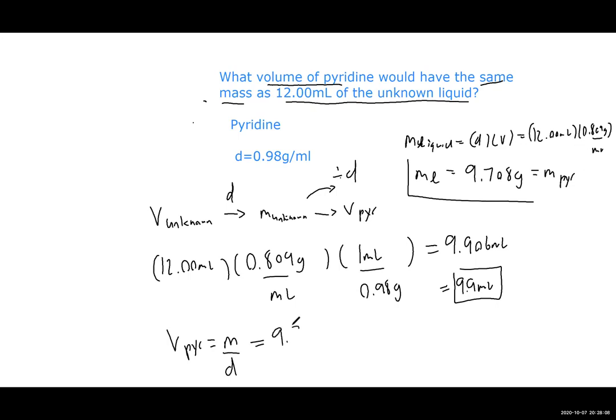So we plug in the mass of our liquid and we divide by the density of pyridine, and that gives us the volume of pyridine that has the same mass as our unknown liquid. Does that make sense? Yes, thank you. Perfect. Any other questions on this example?